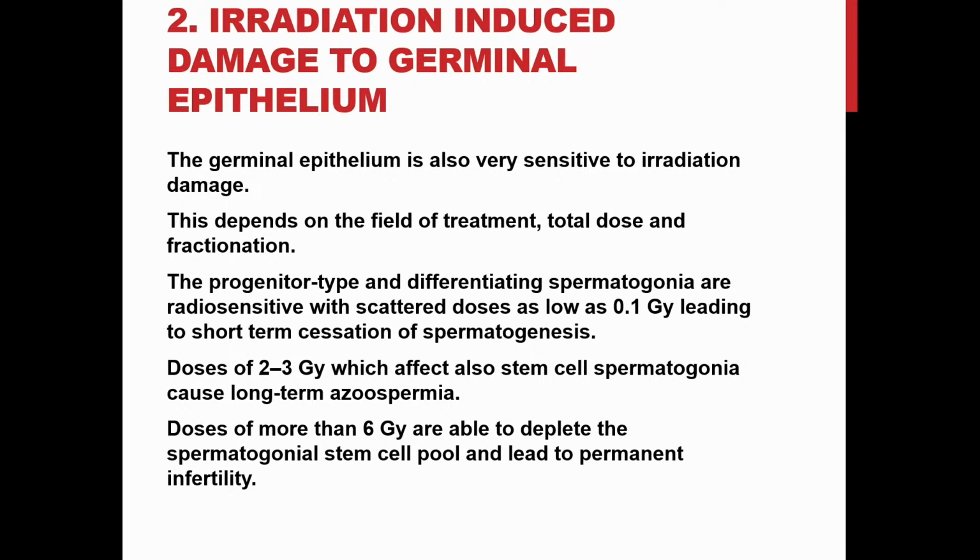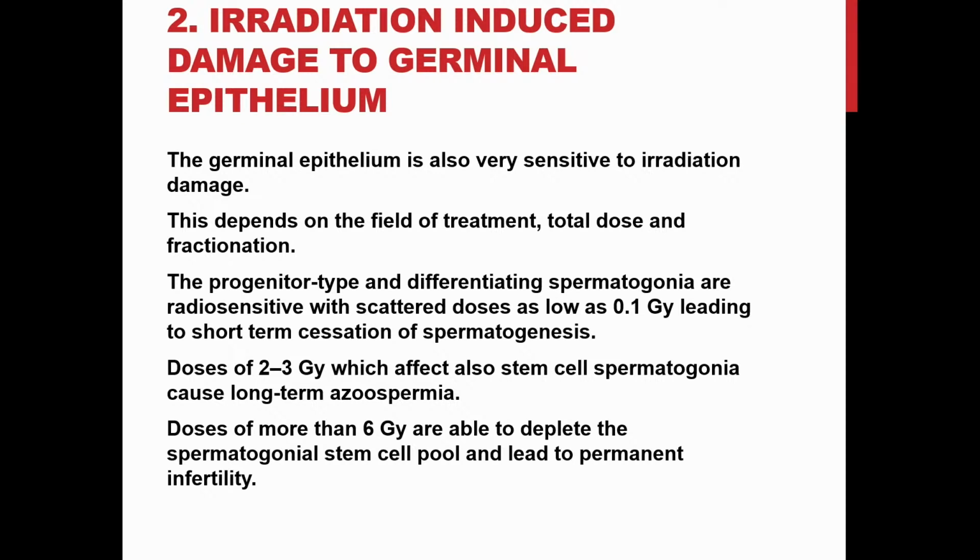For irradiation-induced damage to the germinal epithelium, the germinal epithelium is also very sensitive to radiation, and the damage depends on the field of treatment, the total dose, and fractionation. You may start getting short-term cessation of spermatogenesis with doses as low as 0.1 gray. 2 to 3 gray may cause long-term azoospermia.